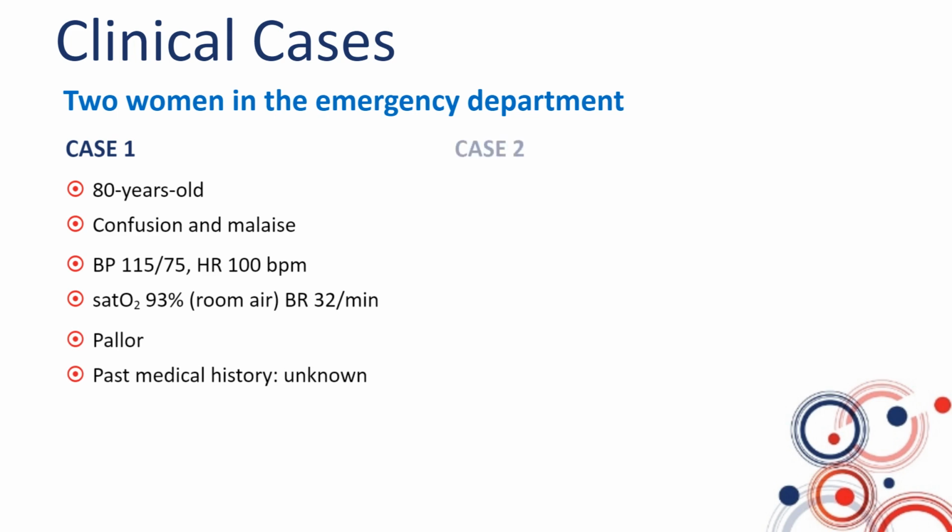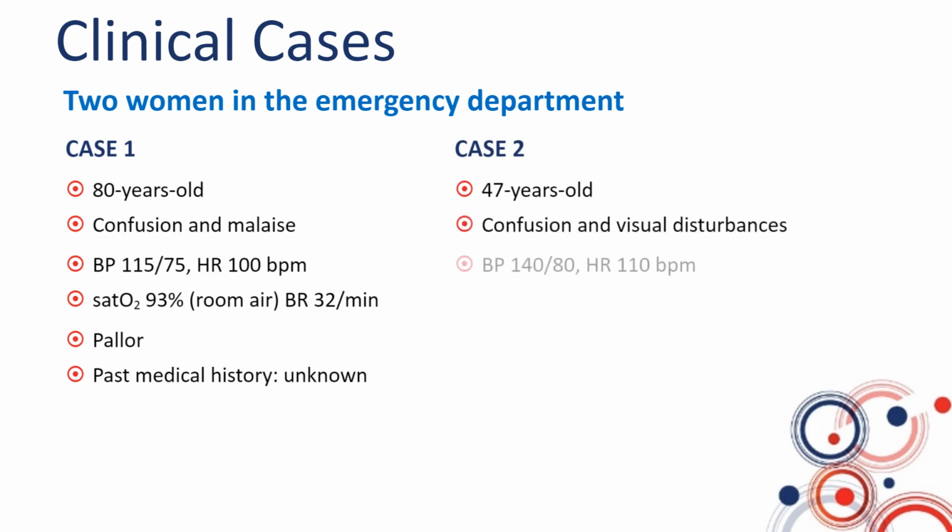The second case is a woman of 47 years with confusion and visual disturbances, with a blood pressure of 140 over a minimum of 80, heart rate of 110, oxygen saturation of 98% in room air, and a respiratory rate of 30 per minute.